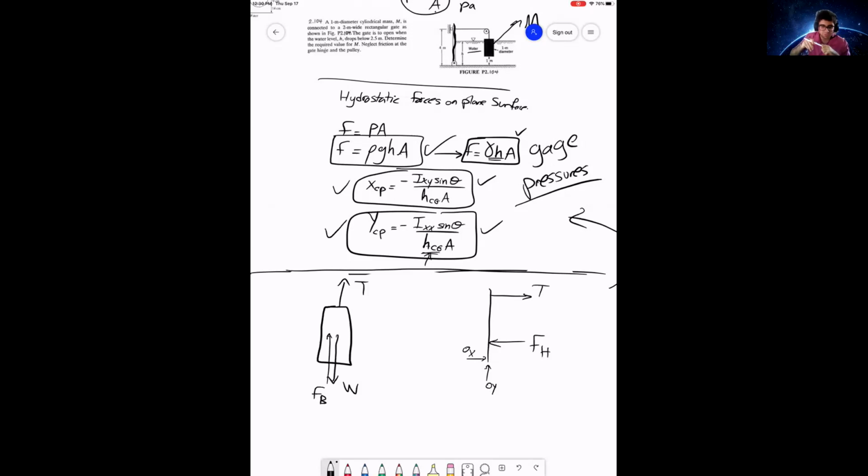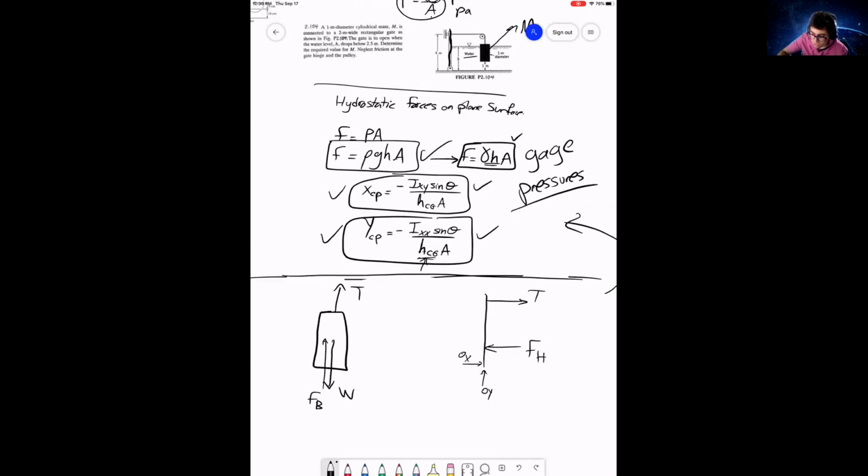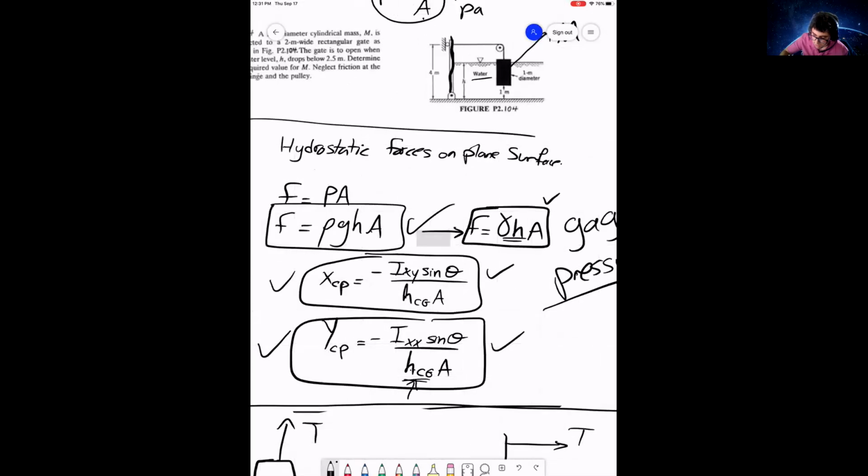Yes, and we'll also need the area of the gate. Notice right here it says 4, that's the height, and the width given in the problem is 2 meters. So times 2, so 8.